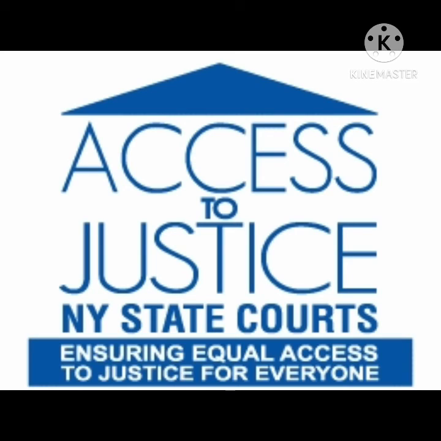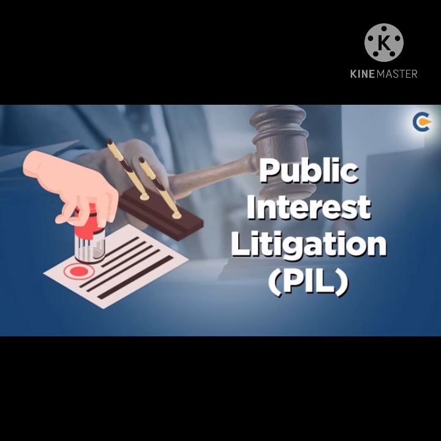So to overcome this problem, the Supreme Court in the early 1980s devised a mechanism of public interest litigation, or PIL, to increase access to justice. Under this, children, any individual or organization could file a PIL in the High Court or the Supreme Court on behalf of those whose rights were being violated.